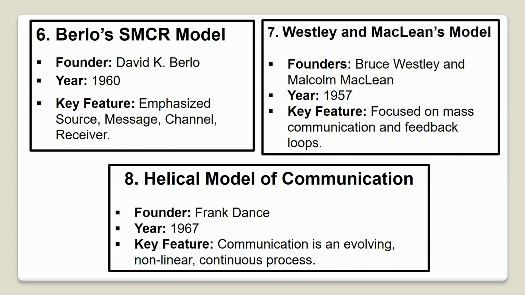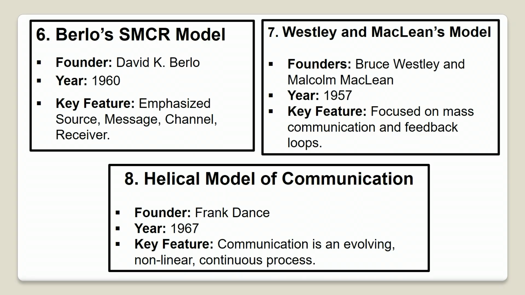If we talk about the key features of this particular model, then we will know that communication is an evolving process. Non-linear means we cannot say communication is linear. According to this model, it is a non-linear and continuous process. It starts from one place and goes to another place, and it always continues.